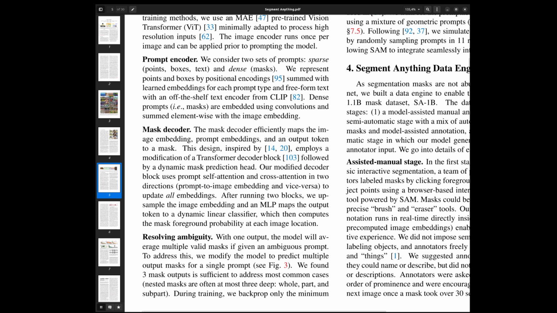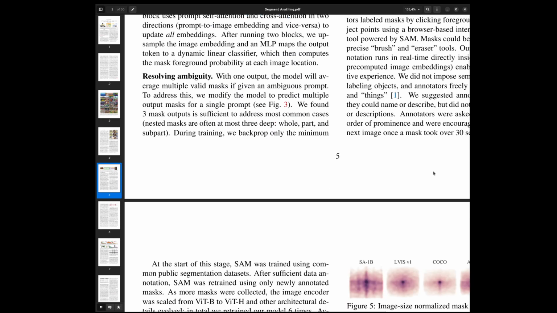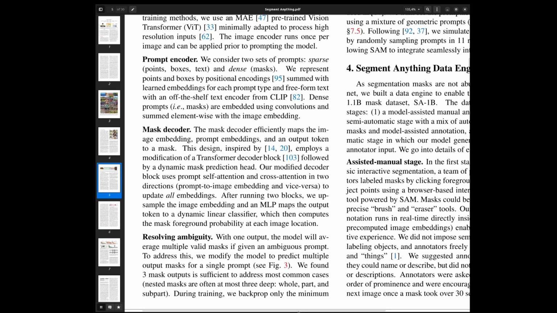If you cross attend, it depends on what you're using as a value in the attention, I guess. So maybe you first attend using the prompts as value and everything. No, wait, I don't know. Maybe they will have some better description.